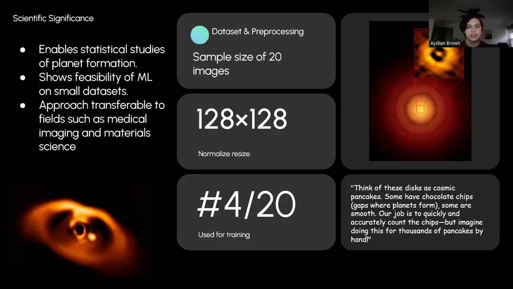From these radial profiles, we were able to extract 5 physically motivated features: peak flux, total integrated flux, the slope of the radial intensity, the number of detectable gaps, and the average width of the rings. These features formed the input for the dense network and are part of the hybrid model as well.